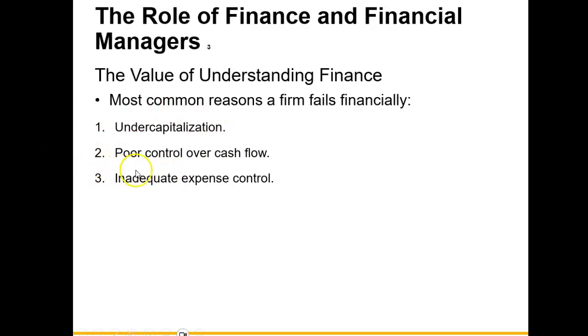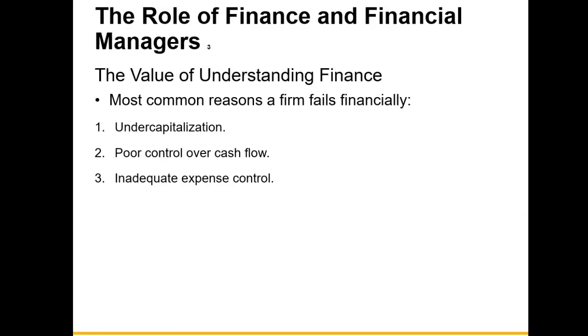Poor control over cash flow, meaning that no one is managing the cash inflows or cash outflows, or if it is being managed, they're not doing a good job of that. So we need to have someone that's overseeing the money coming in and the money going out. Inadequate expense control. We're just spending, people, out of control. No one is overseeing the company's expenses.